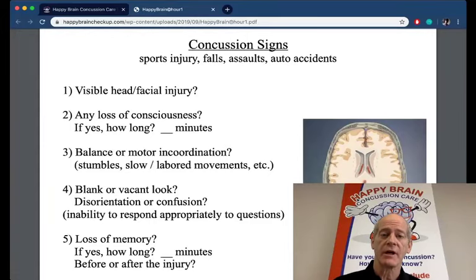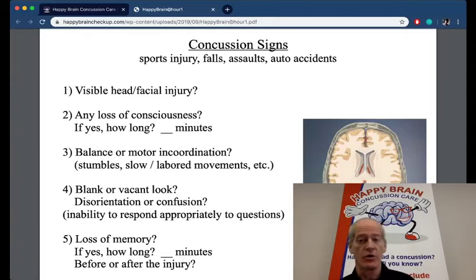What are you feeling? What are you experiencing? Tell me what's going on. Do you have nausea? Because I can't see that. Do you have dizziness? I can't see that. I can see you stumble, I can see loss of balance, and I can document that. But I have to ask you about a symptom.